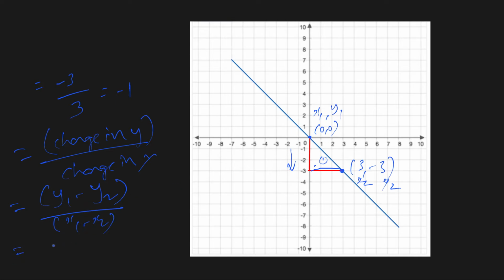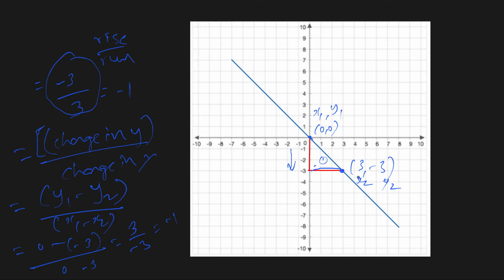So y1 is 0 and y2 is -3, so minus of minus 3, and then x1 is 0 and x2 is 3. So this would be 0 plus 3 is 3 and 0 minus 3 is -3, and we get the same slope, which is -1. So either you use rise over run, which again is the same thing, which is change in y over change in x.